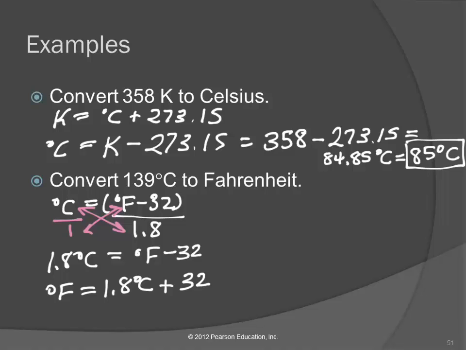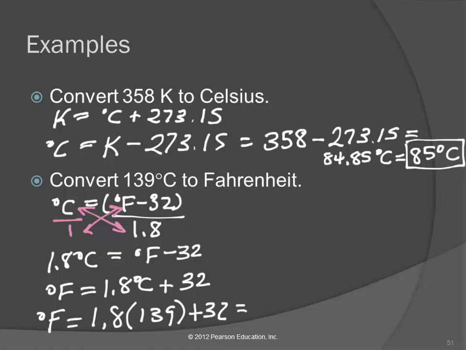We're going to plug our number in. So degrees Fahrenheit equals 1.8 times the Celsius temperature, which is 139, plus 32.